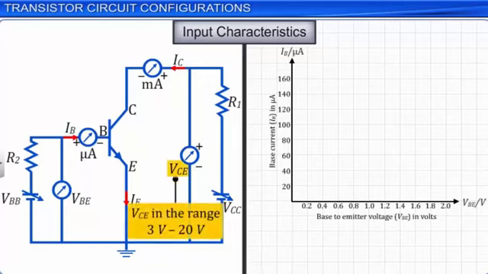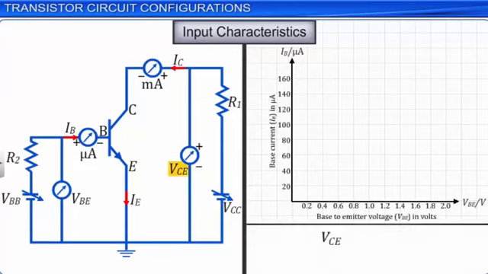Since the collector emitter voltage, VCE, is the sum of the collector base voltage, VCB, and the base emitter voltage, VBE, and the base emitter voltage, VBE, is 0.6 volts for a silicon transistor, the collector emitter voltage is sufficiently larger than 0.6 volts.